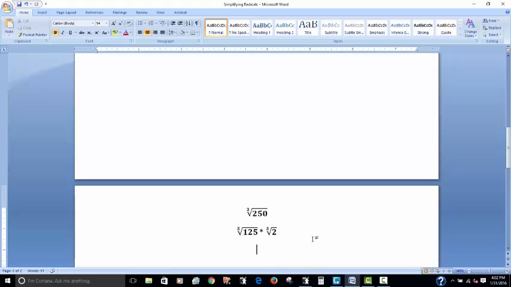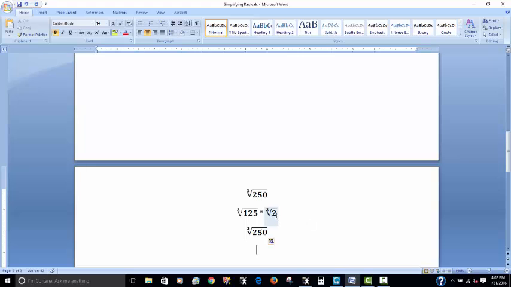Then I could break down the cube root of 125 as the cube root of 5, times the cube root of 25 times the cube root of 2, right? Because 5 times 25 gives me 125. Cube root of 2 cannot be simplified any further.